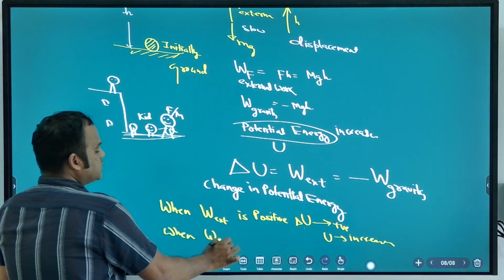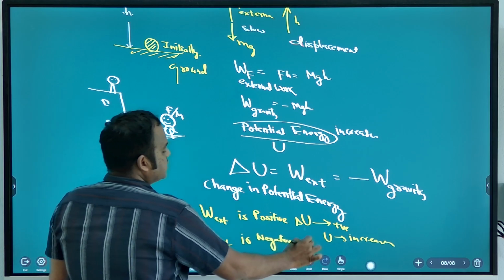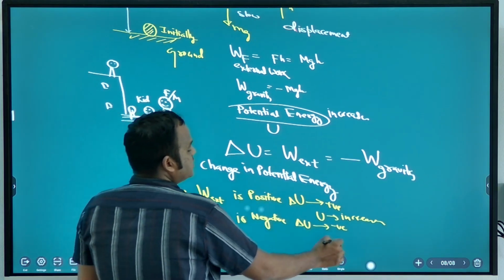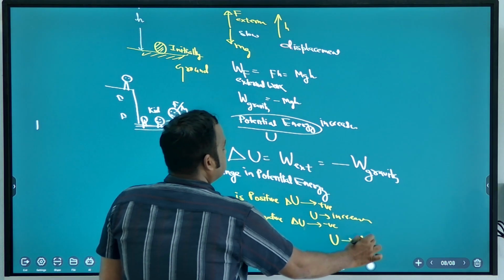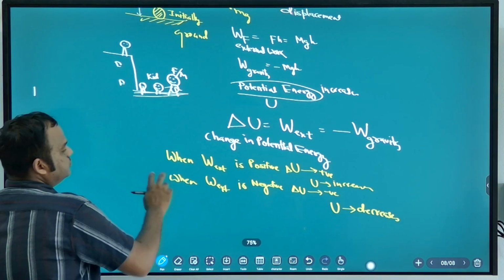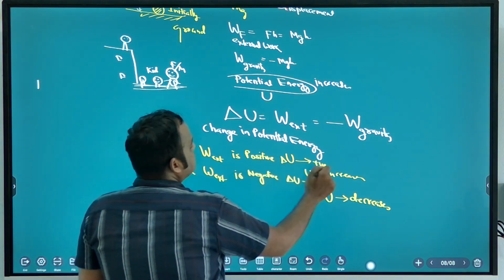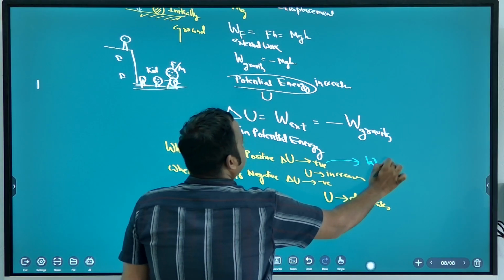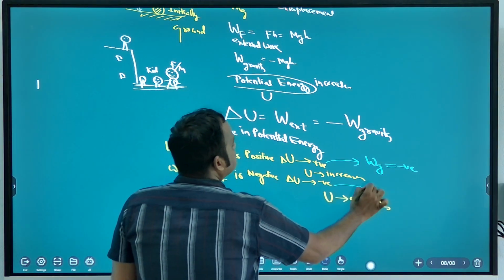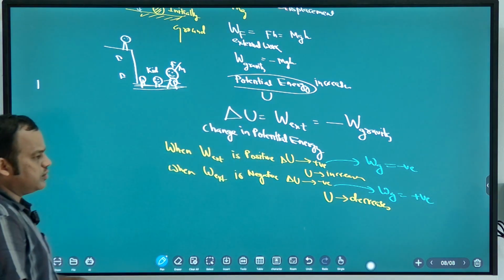And when external work done is negative, delta U will be negative. So does potential energy increase or decrease? Decreases. One more point you write down. External work done positive means work done by gravity is negative, and external work done negative means work done by gravity is positive.